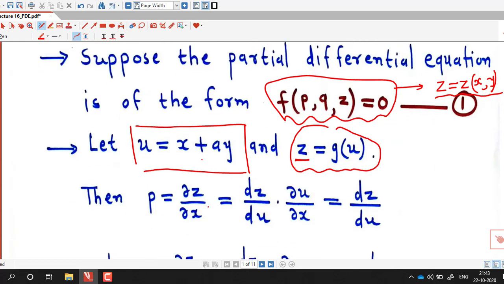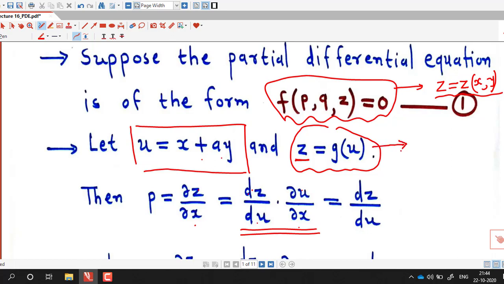Now we know that small p is nothing but partial derivative of z with respect to x, which by chain rule can be written in this way: ordinary derivative of z with respect to u into del u by del x. This we have written using chain rule. We have z as a function of u and u is function of x and y.